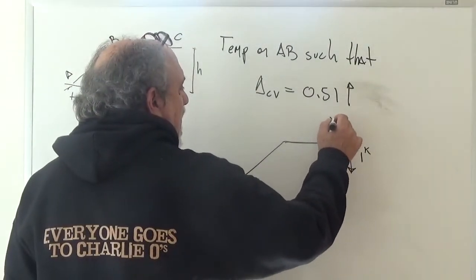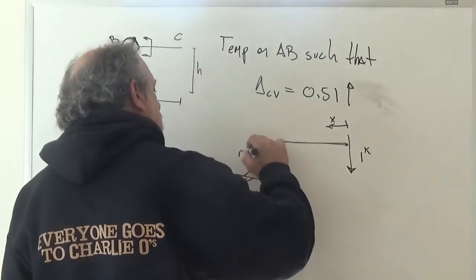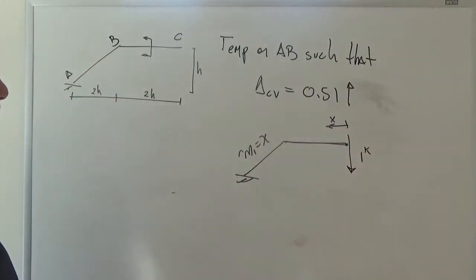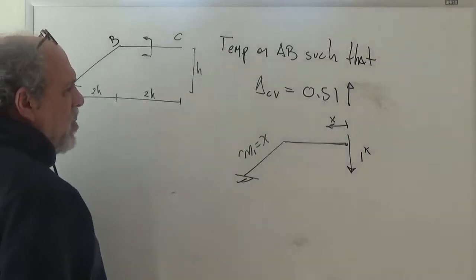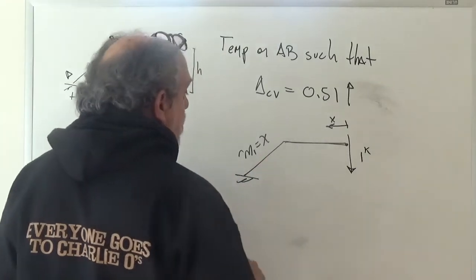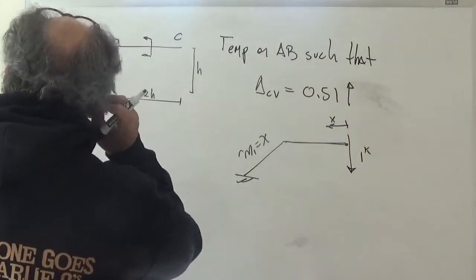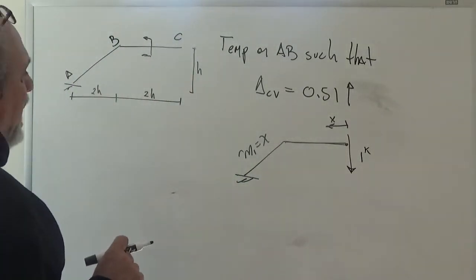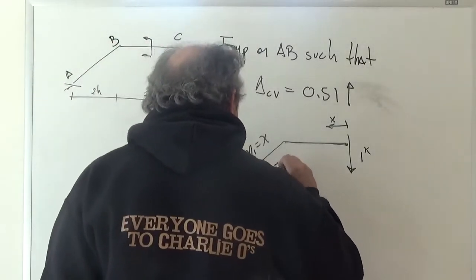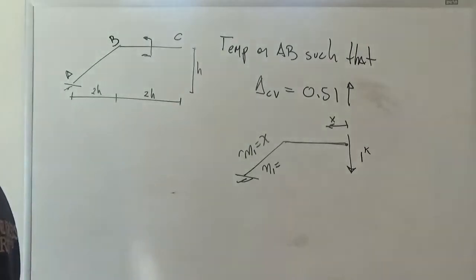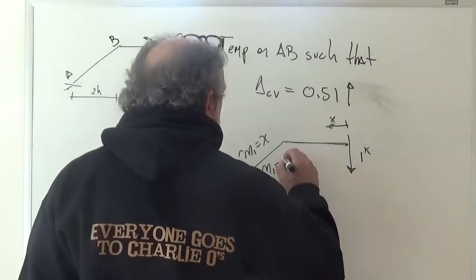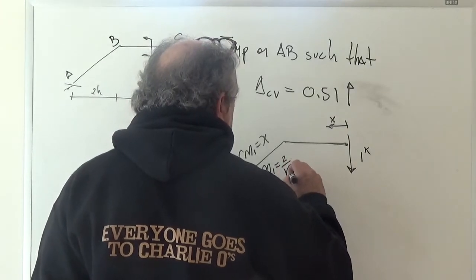This is my distance X, and I'm going to use the fact that M1 here is just X. Shear is not 0, and axial is not 0 either, right? So shear I don't really care about because the shear doesn't produce deformations, but there is an axial here, which we calculated before, and that axial was compression, and it was equal to 2 over square root of 5.